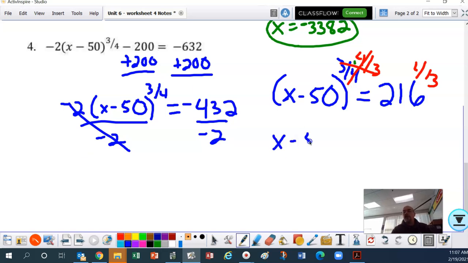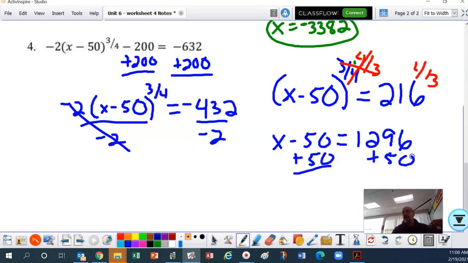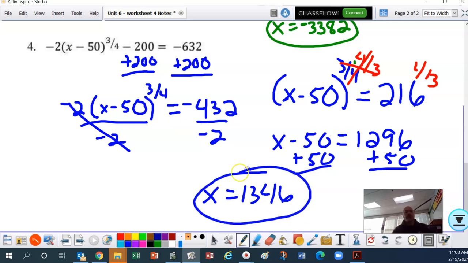And I have x minus 50 equals, okay, only one answer. So let's see, 216 to the 4/3 power is 1,296. One step left, add 50. So x equals 1296 plus 50 is 1346.